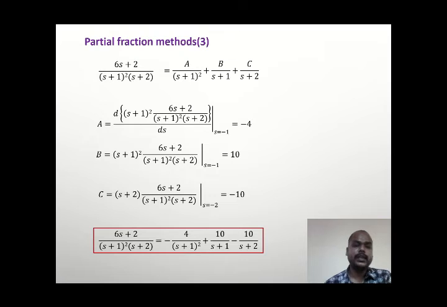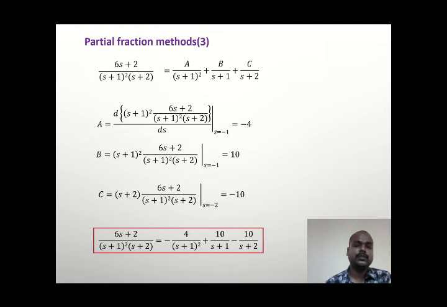For finding a, we need to multiply the entire transfer function with (s+1) to the power 2, which is (s+1) whole square. Take this derivative first, and then put s = -1. By doing so, we can obtain a = -4.